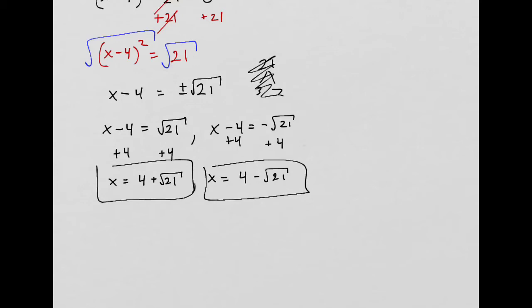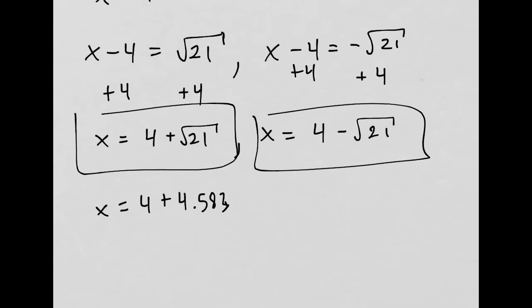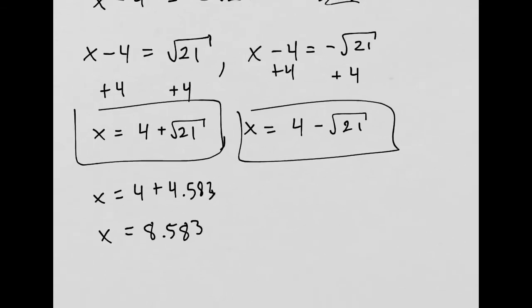The approximation for the square root of 21 would be 4.583, something like that. So this approximation would be 4 plus that. So that'll be 8.583. And yeah, we say little squiggly equals, that's approximation.